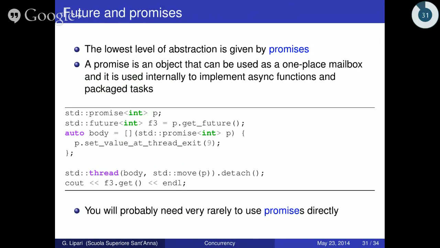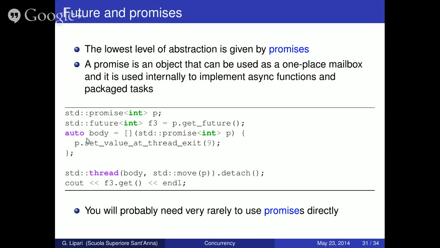And the lowest level way of interacting with the future is by using the so-called promises. A promise is an object that can be used as a mailbox, and is used internally to implement async functions and packaged task. So basically, you create a promise, and from the promise, you can get the corresponding future.